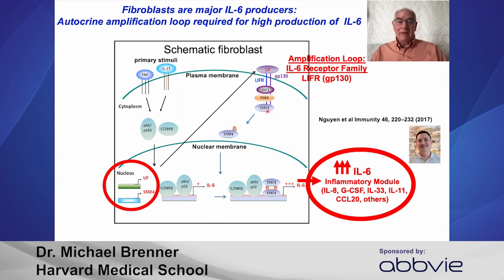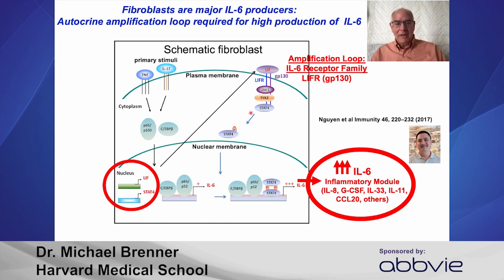And that activates STAT4, which then binds to the IL-6 promoter, producing this massive production of IL-6. Just boatloads are produced by the fibroblast. And not just IL-6, but a larger program of inflammatory factors are released, including IL-8, CSF, CCL20, and others.